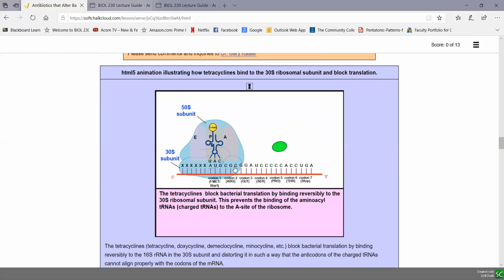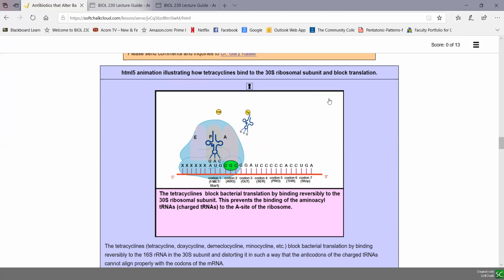So tetracyclines also bind to the 30S, and it's binding right here on the 30S. But you can envision that now the transfer RNA that has a complementary anticodon, GCG, can't get close enough to form hydrogen bonds because the drug's in the way.